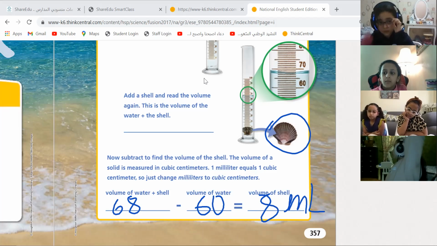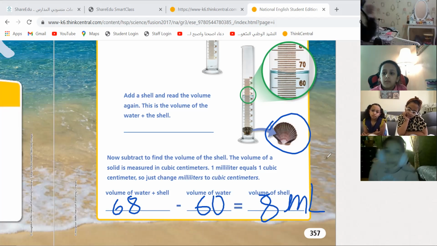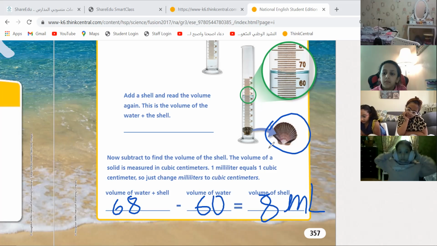Today, if you are drinking juice or milk from a box, take a look at the amount inside the box. Is it 150 or 200 milliliters? Then you will know that this is the volume, how much space it took inside.